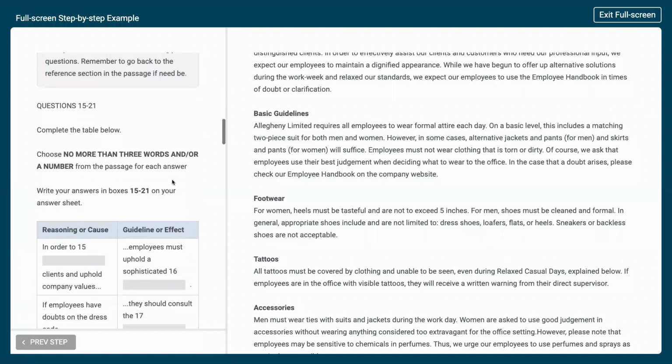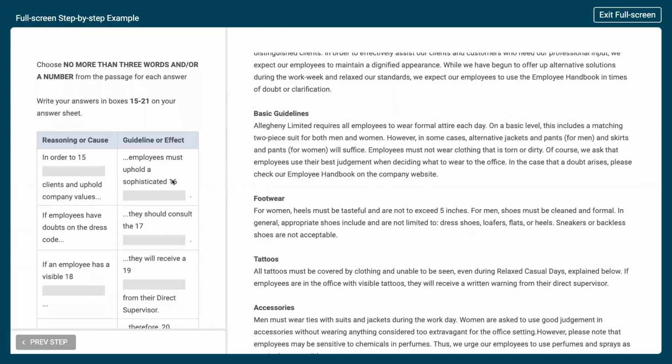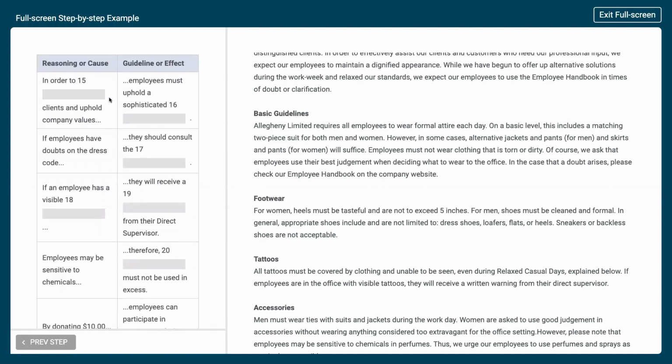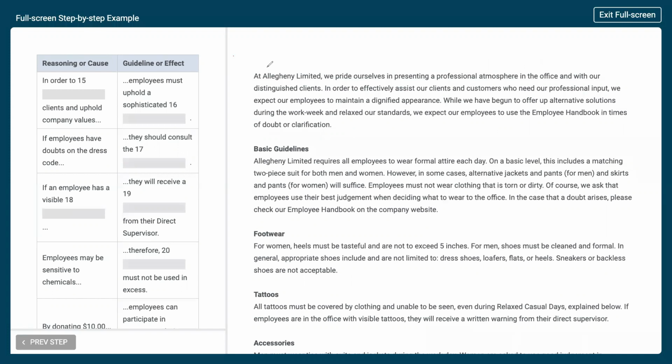So I'm going to scroll down here. Remember, we have no more than 3 words and or a number. So I'll just scroll down here so we can see everything. And remember, we have reasoning or cause and guideline or effect. Okay, so if you remember from number 15, we talked about clients and values and employees upholding something.